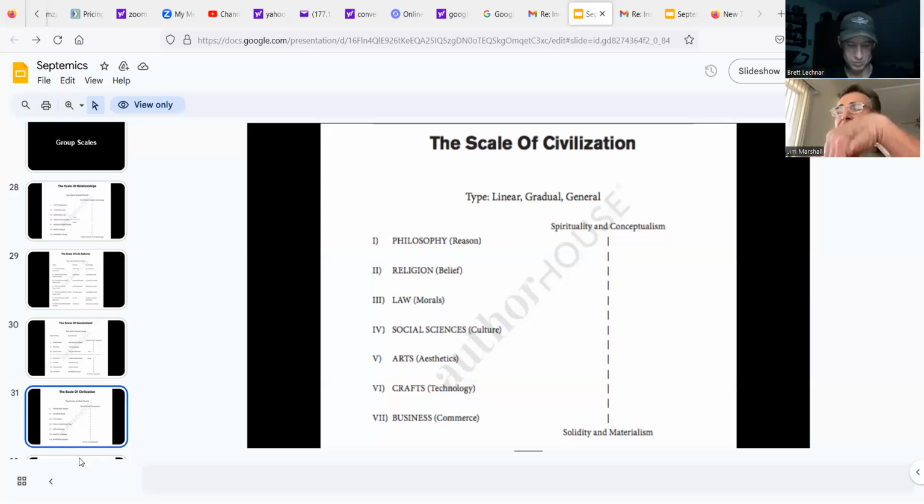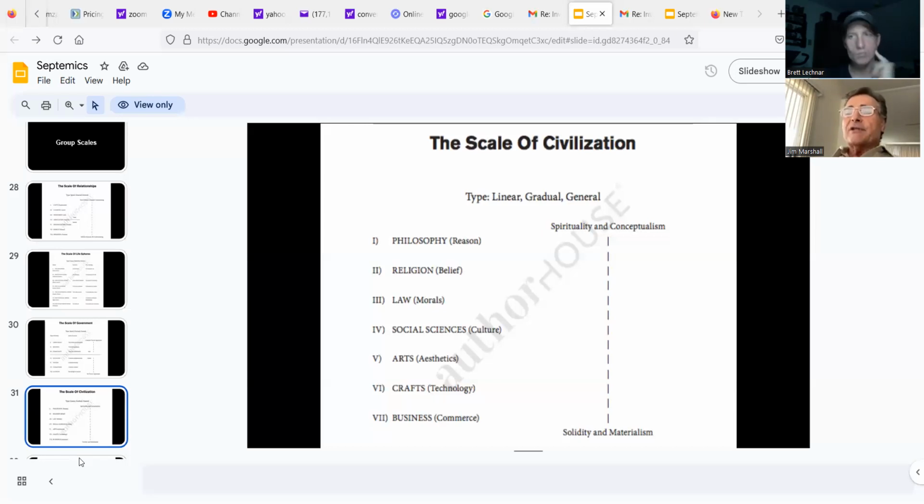Solidity is the antithesis of spirituality, and materialism is the antithesis of conceptualism. So as a civilization develops, it starts at 1, and then it goes 2, 3, 4, 5, 6, 7. And all of these 7 levels are present in all civilizations.